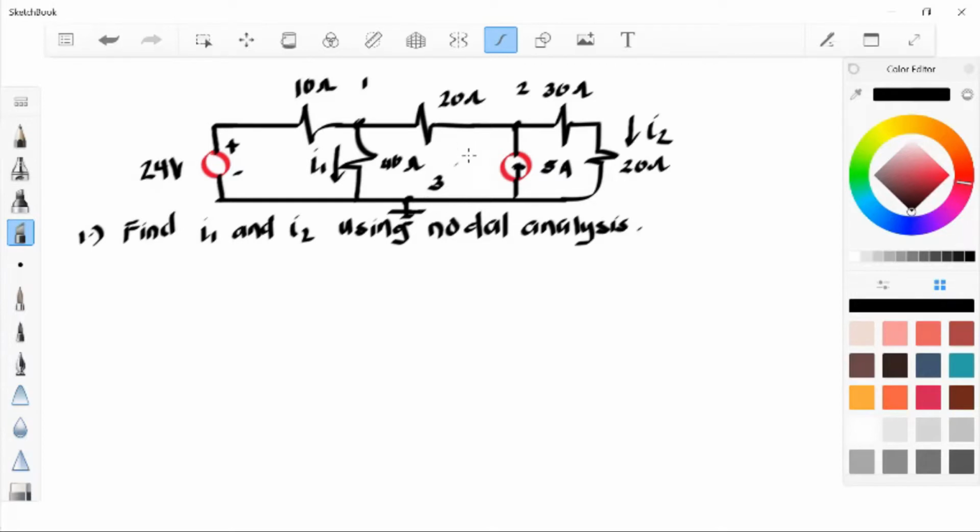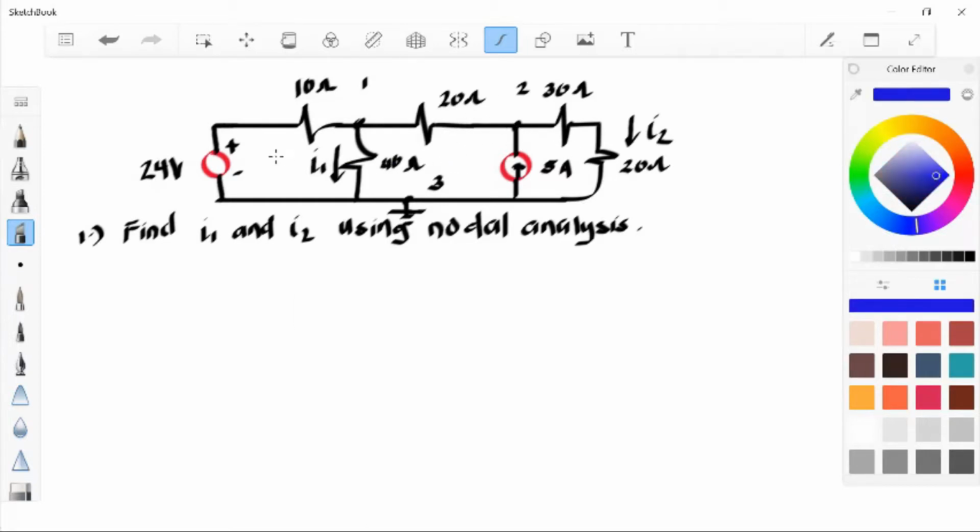Because in every circuit, for us to measure a voltage at every node, especially in a circuit that is quite complex, we need to have a reference point. How can we define the magnitude of the voltage at a certain node if we don't have a common reference point in the circuit?